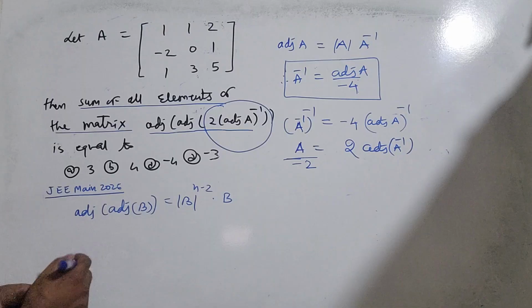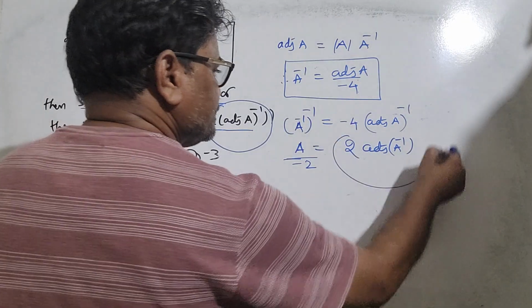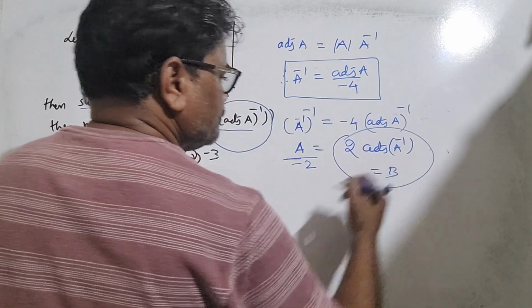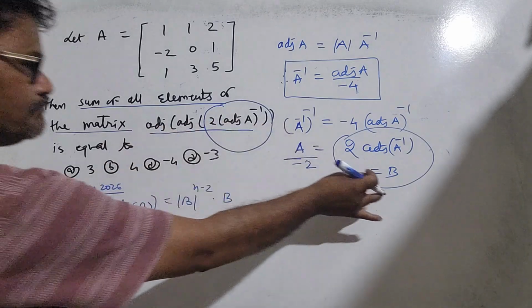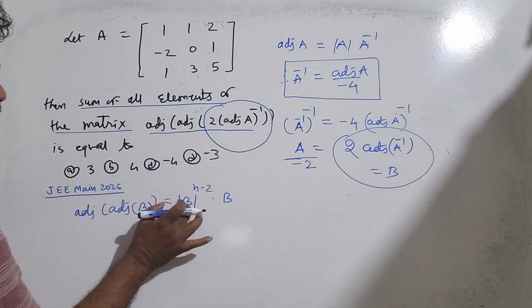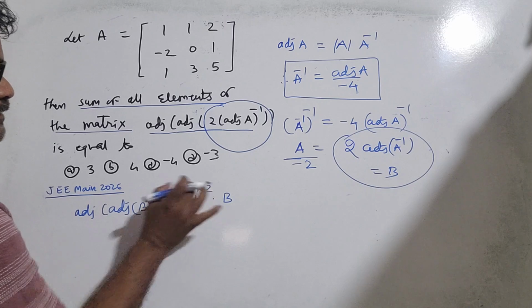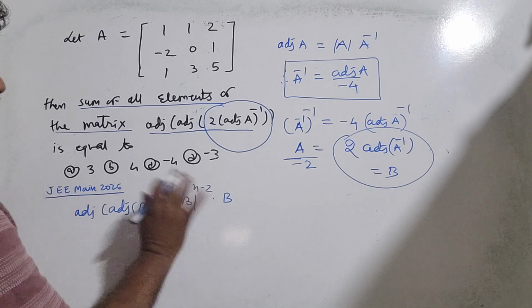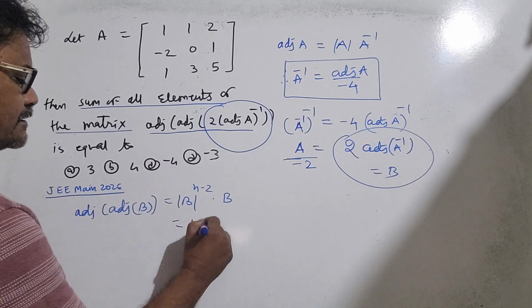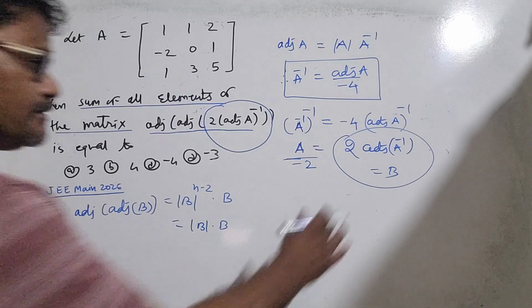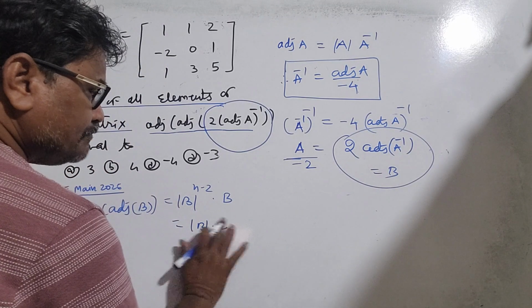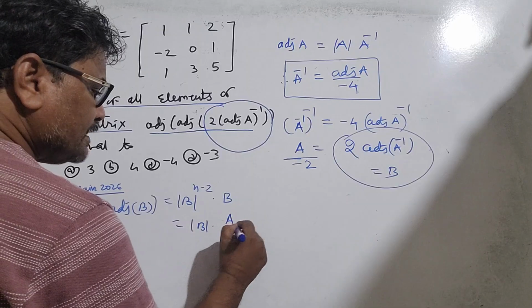So here we can think that this is a matrix B, correct? So adjoint of B is determinant of B to the power n minus 2 into B. n is 3 here, so this is determinant of B into B. Now determinant of B is what? B is simply A by minus 2.